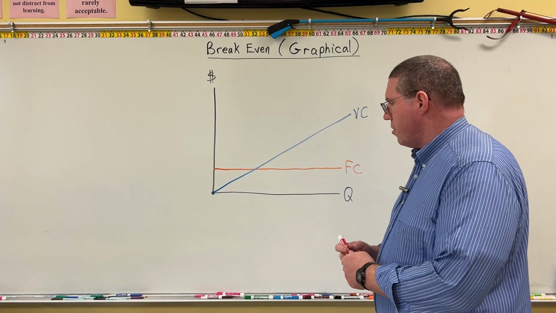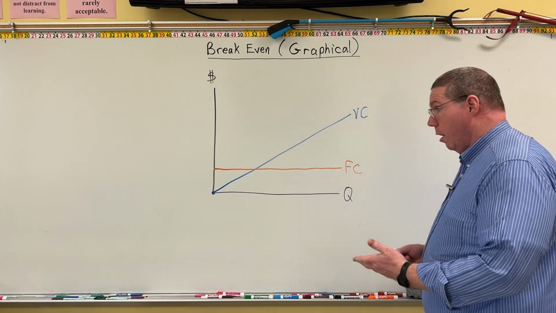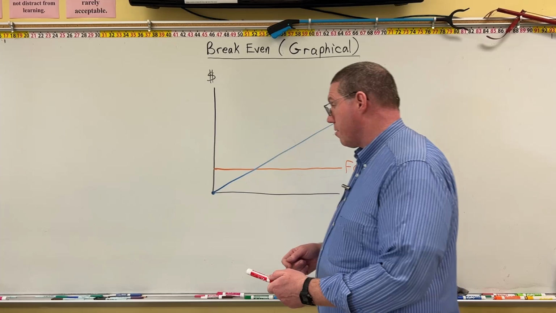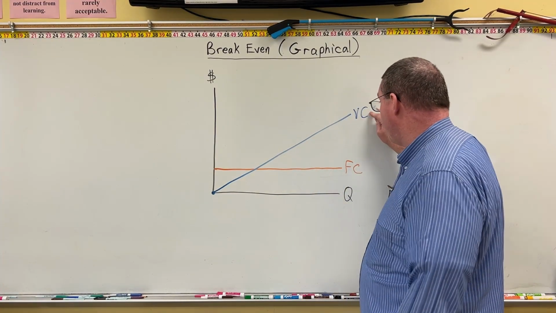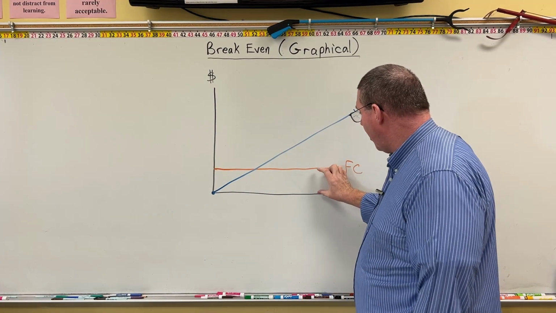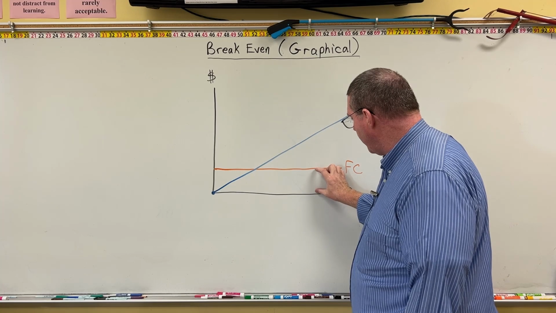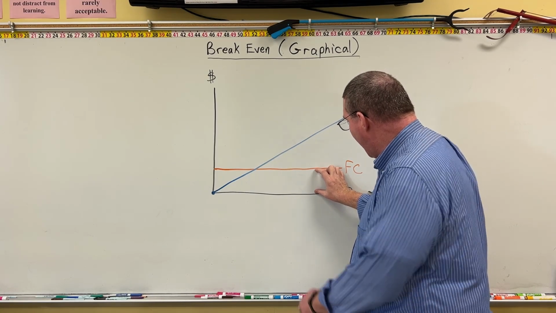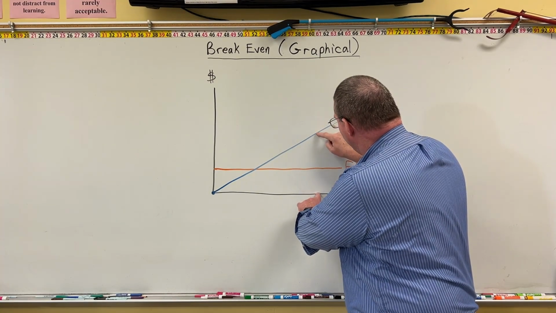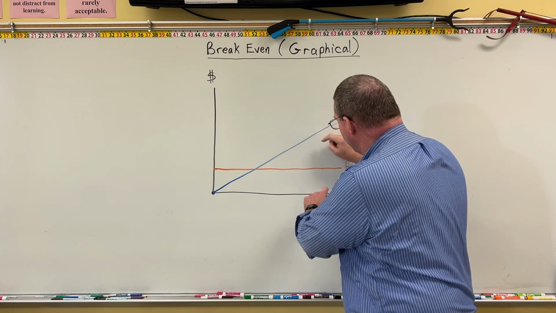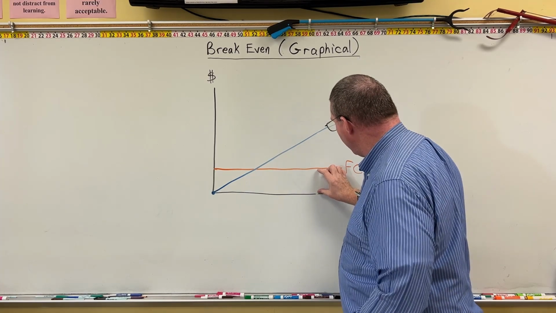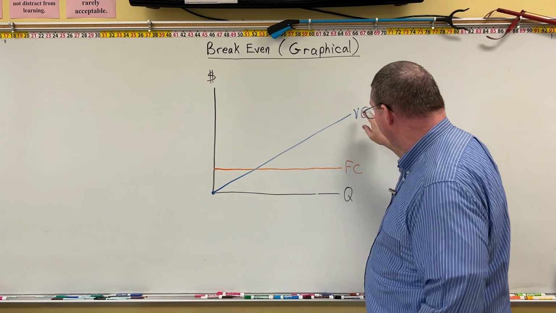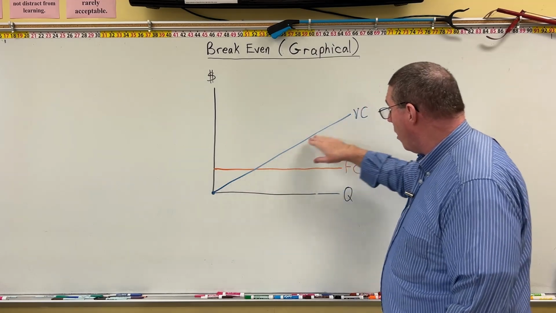So how can we understand total cost? Well, we know that total cost is equal to fixed cost plus variable cost. So if we were to take this distance right here, this height, and add it to this height, add both of those together, what we would essentially get is a difference. So total cost would go up with variable cost.